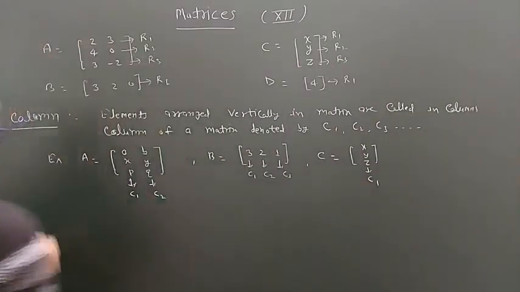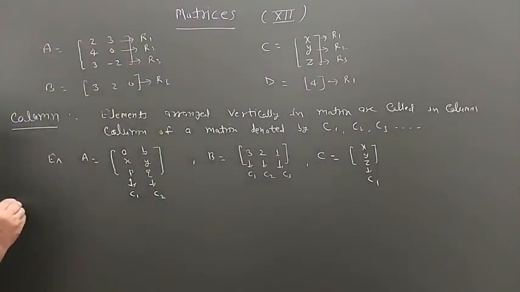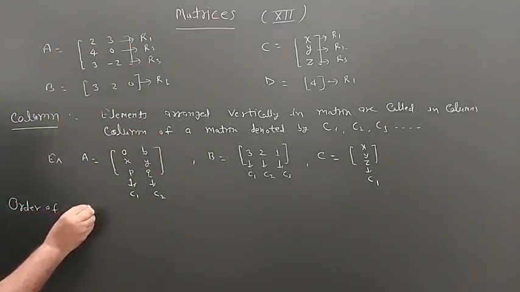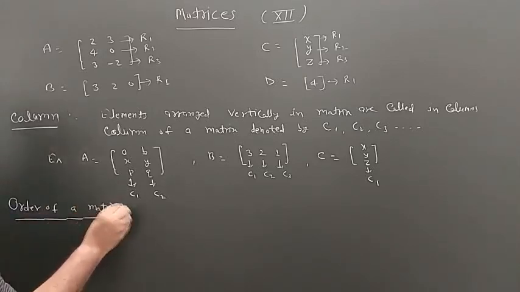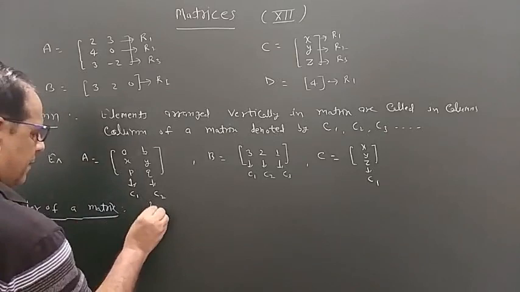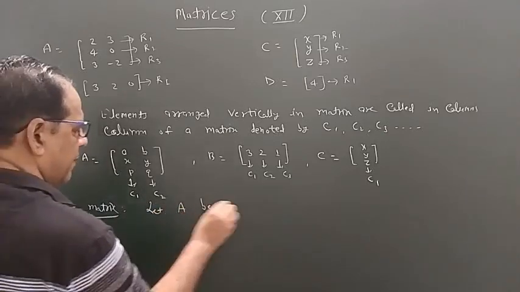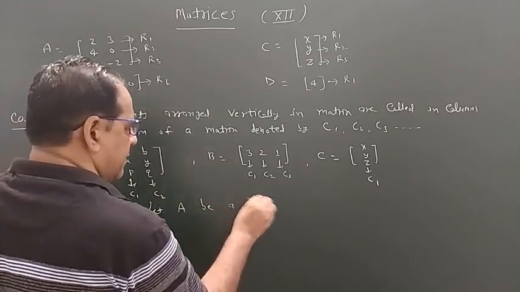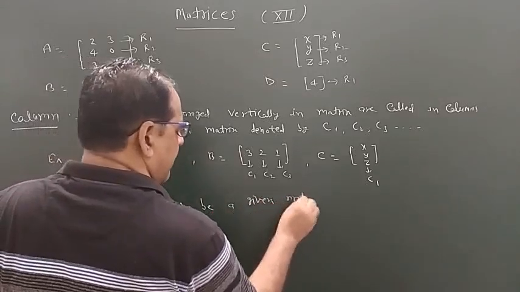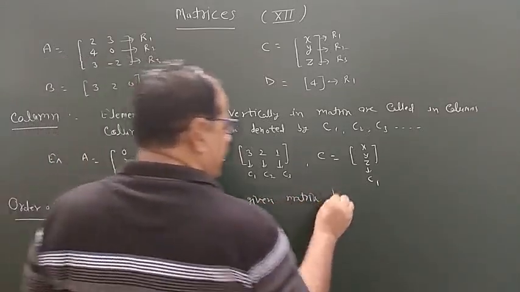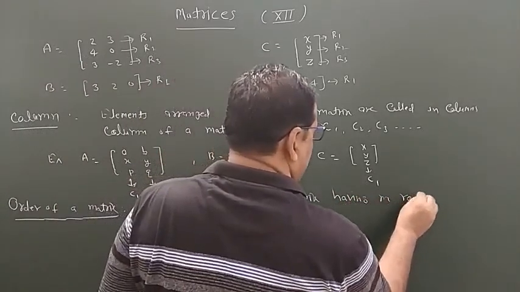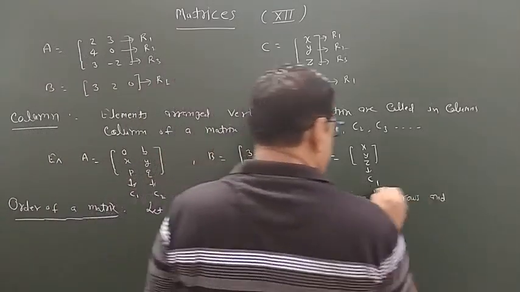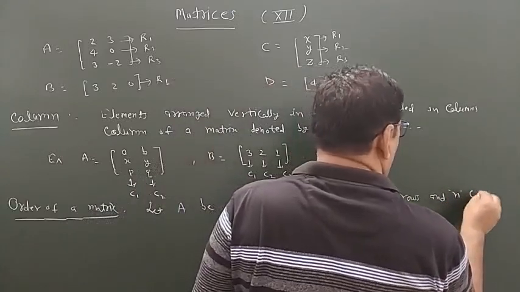Now the next word used in matrices: order of a matrix. Let A be a given matrix having m rows and n columns.